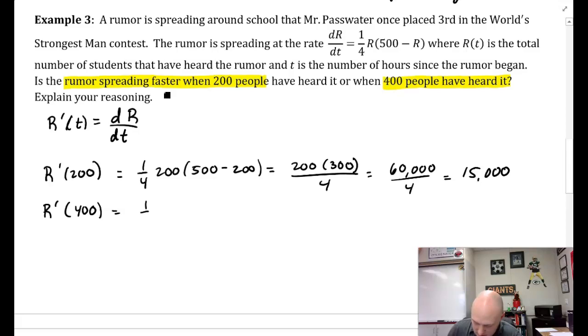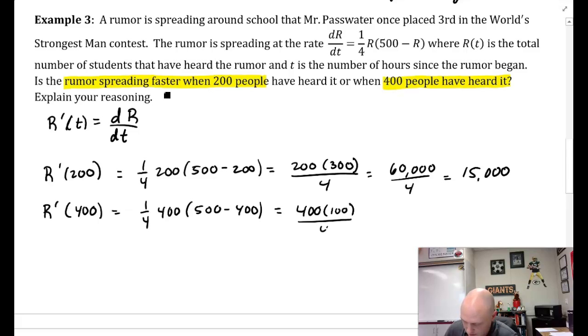Okay, and I'll calculate with 400. 1/4 400 times 500 minus 400. So this gives us 400 times 100 divided by 4. So 40,000 divided by 4, which gives us 10,000.